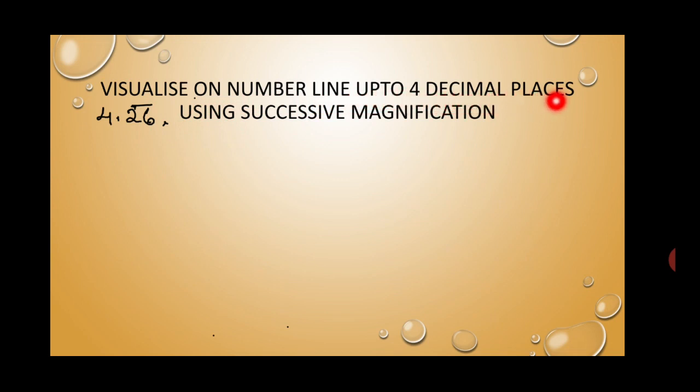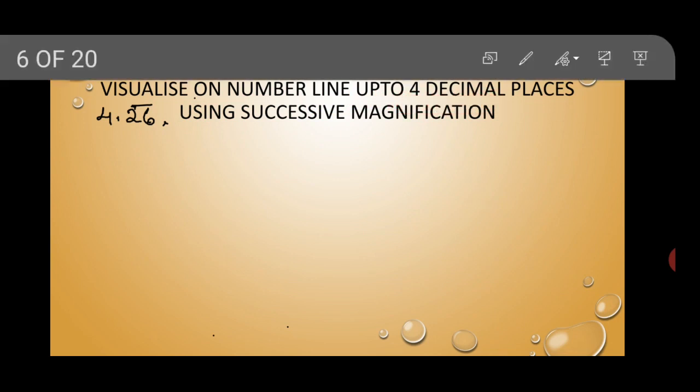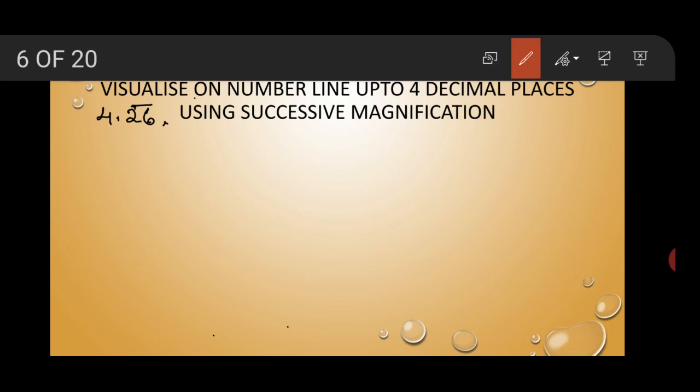So we have to visualize this number on the number line up to 4 decimals. After the decimal point we need how many digits? 4 digits. So we can write it in this way, 4.262626 on and on.